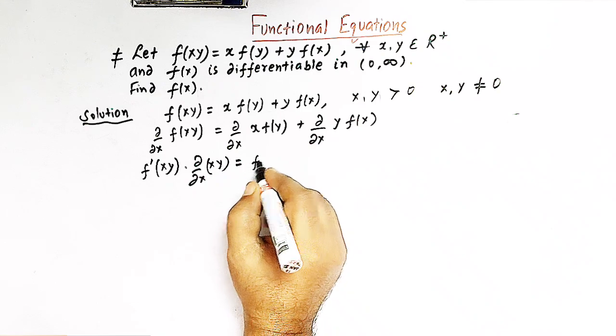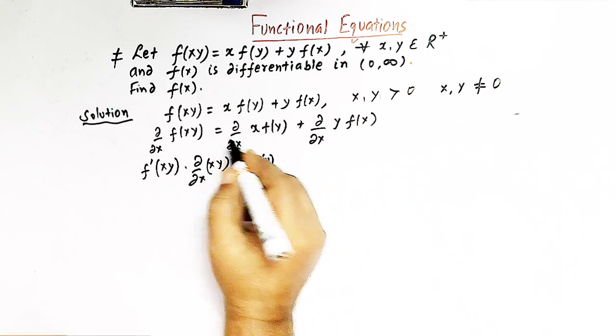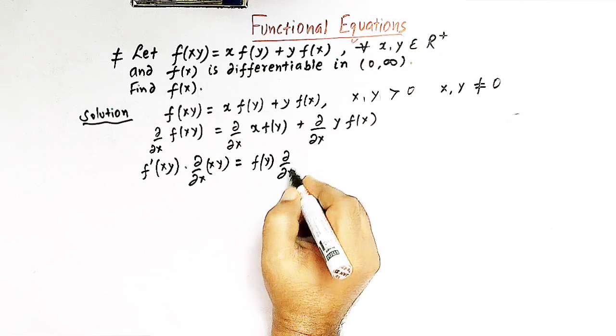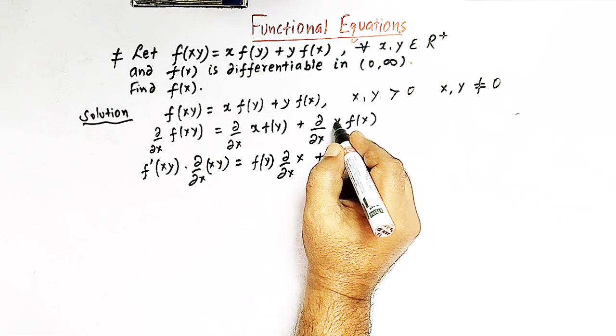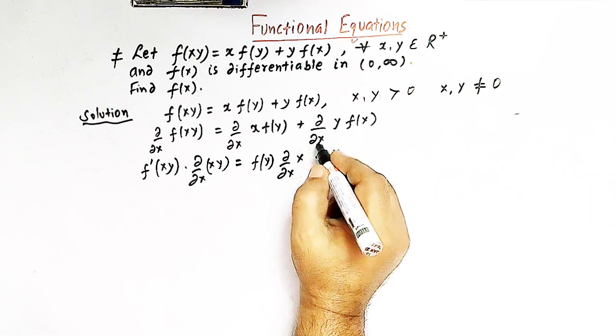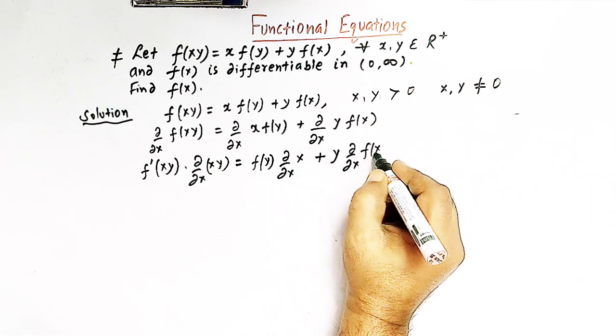So we have simply f(y) outside this operator, and we have ∂/∂x of x, and here we can take y in front of this operator, and we have ∂/∂x of f(x).